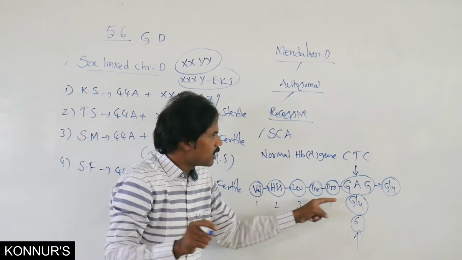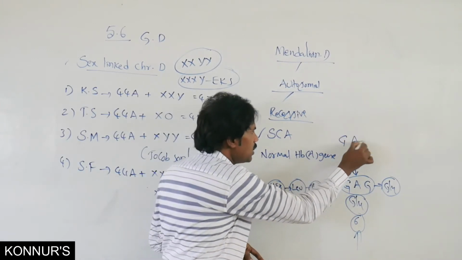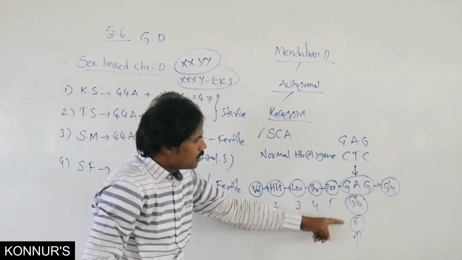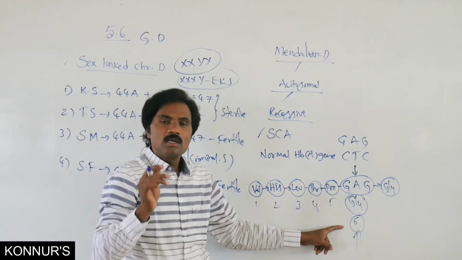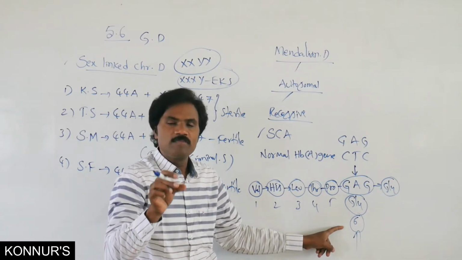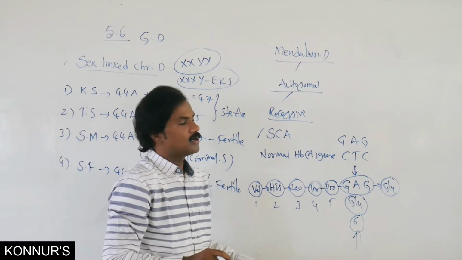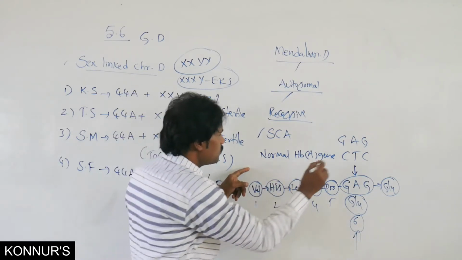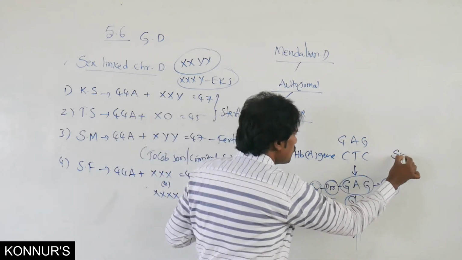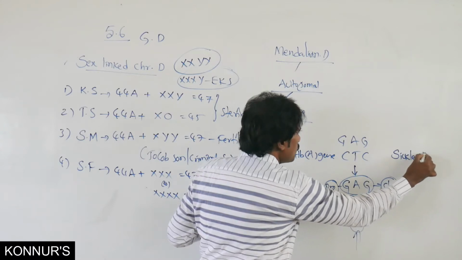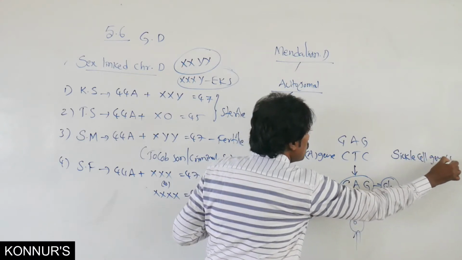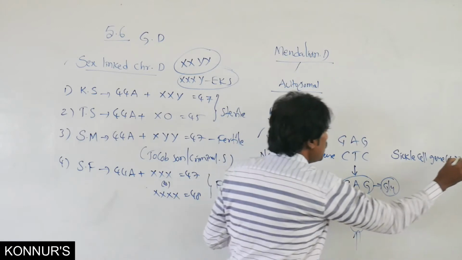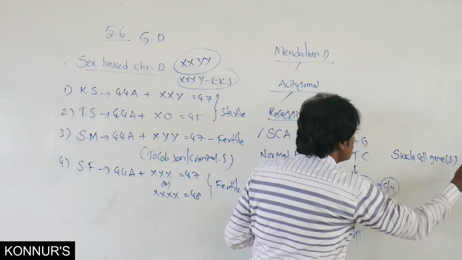If it is normal, it will be translated here as GAG. In the person affected by sickle cell, that is the sickle cell gene, if you observe, it is present as CAC.